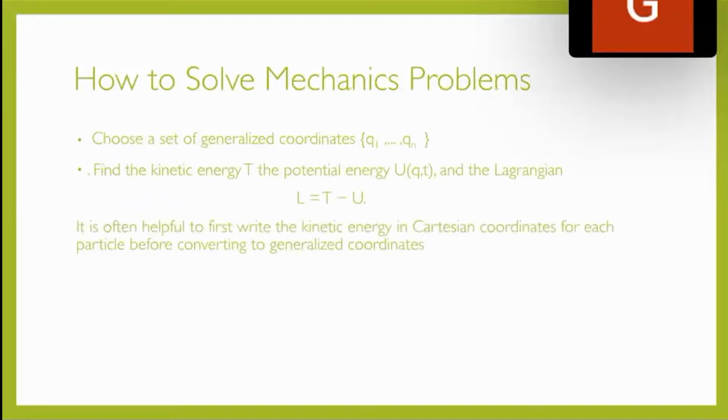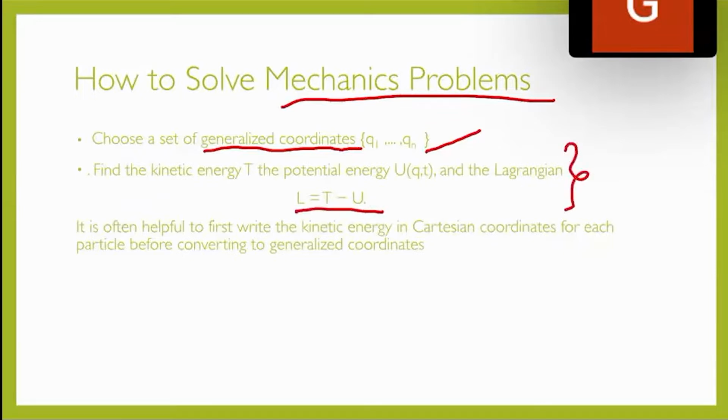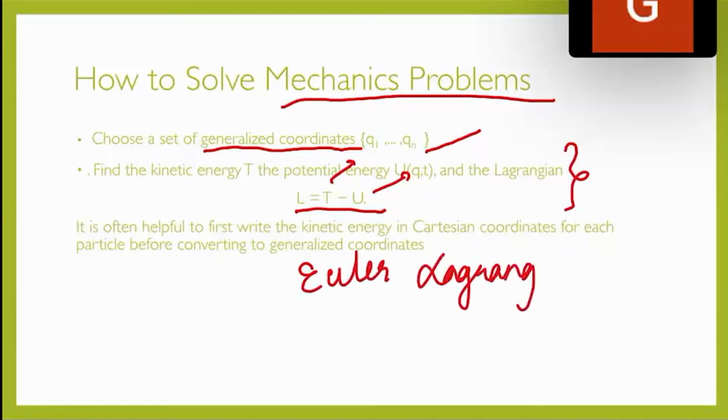In order to solve any problem, first we identify the generalized coordinates in the system. Then we find L, which is T minus U, kinetic energy minus potential energy. And then we use the Euler-Lagrange equation of motion.